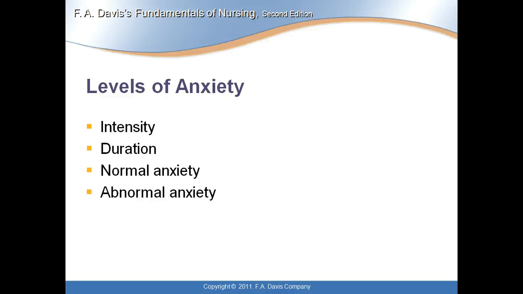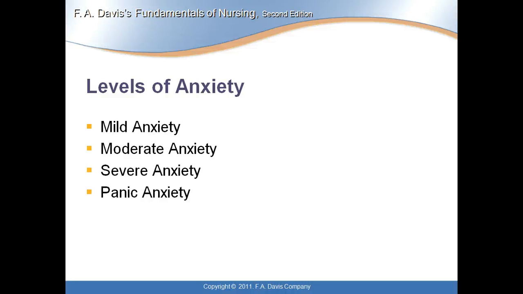And there are different levels of anxiety. The first ones are intensity, duration, normal anxiety, and finally abnormal anxiety. We already covered normal and abnormal anxiety, but intensity and duration is based on how much anxiety is present and how long it lasts. We have mild anxiety, moderate anxiety, severe anxiety, and panic anxiety. Mild is normal.